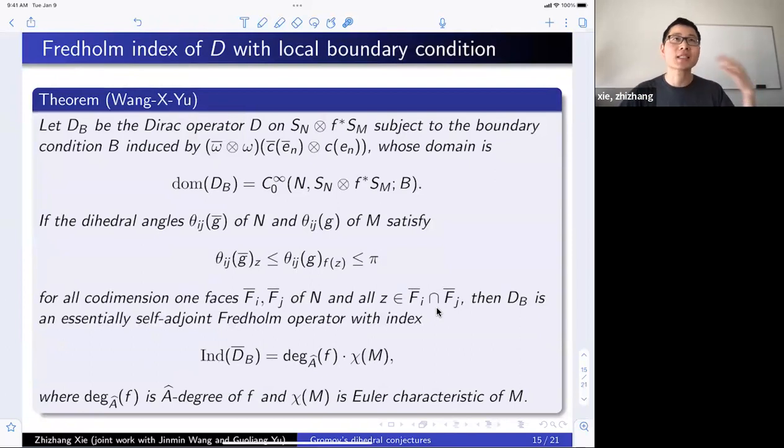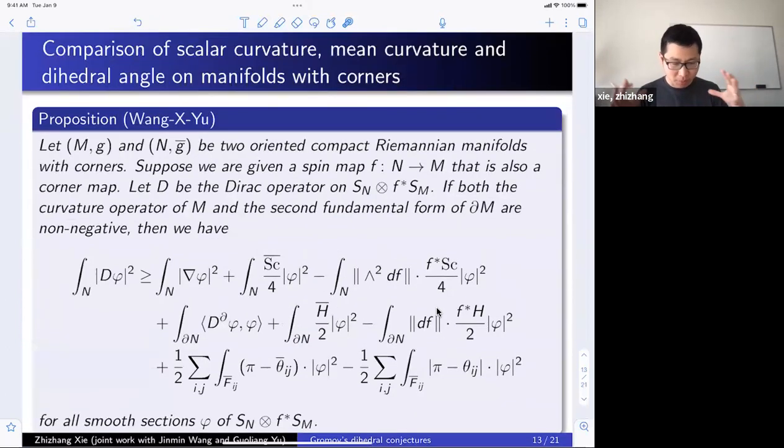So the next thing: we have a proposition that allows us to use the Dirac operator to capture the comparison of scalar curvature, mean curvature, and dihedral angles. Now suppose we can show that you can find some appropriate self-adjoint extension of this Dirac operator that is Fredholm and whose index is non-zero.